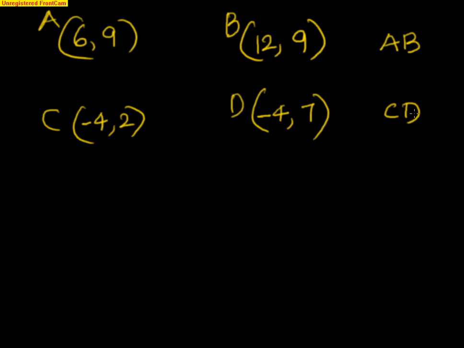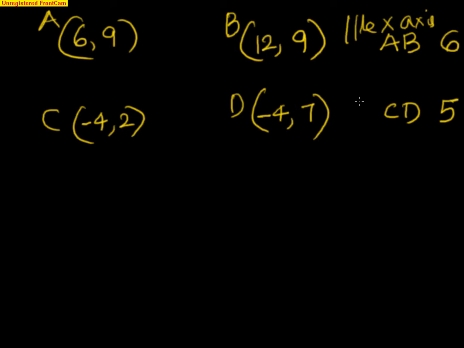I think you are able to get it. The distance between AB is 6 and the distance between CD is 5. And you also observed that in these 2 points the y coordinate is constant. That means AB is parallel to the x-axis.